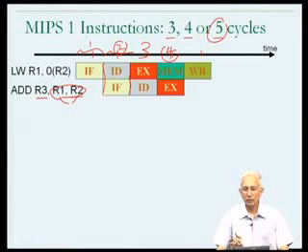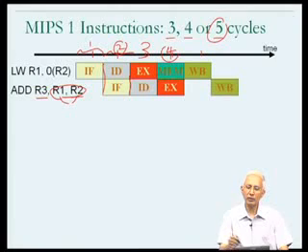Now, the add instruction does not require the MEM stage, and therefore I could think of actually using the write back hardware for the add instruction in cycle number 5, but unfortunately the write back hardware is being used in that cycle by the load word instruction, and therefore the earliest that the write back hardware can be used for the add instruction would be cycle 6.